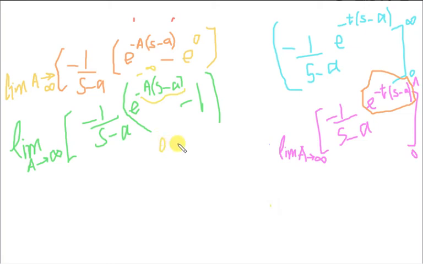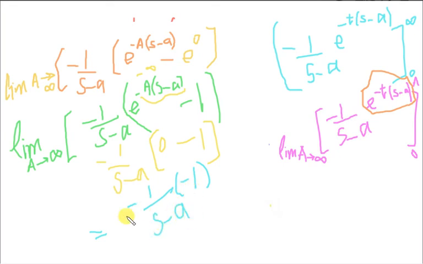So this term will become 0, and 0 minus 1 is minus 1, so we get minus 1 over s minus a times minus 1.